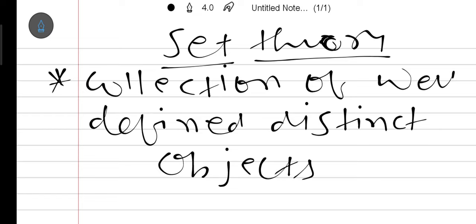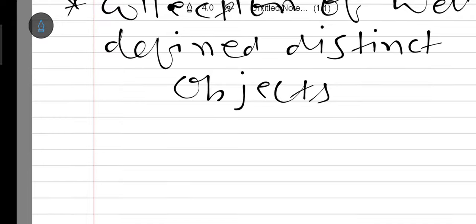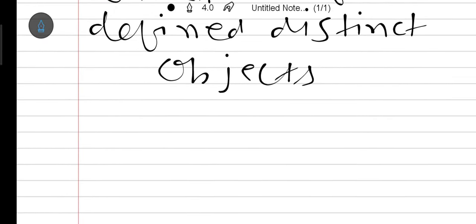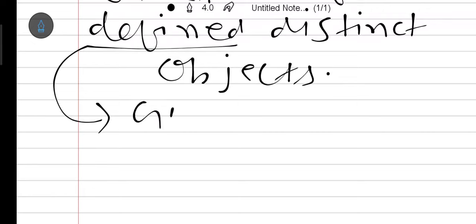So what does this well defined mean? Just think in your mind. Well defined means something like this: if we are given a set, and suppose you have taken a dinner set from some utensil shop, then if a glass comes up, you'll be able to figure out whether this glass is present in that dinner set or not.